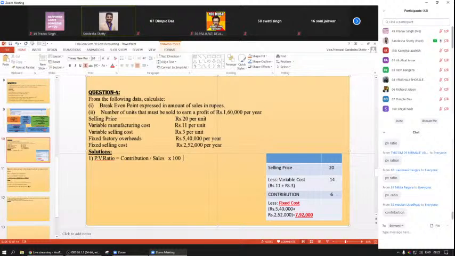Contribution is 6 rupees, sales 20 rupees, into 100. So what is the percentage?